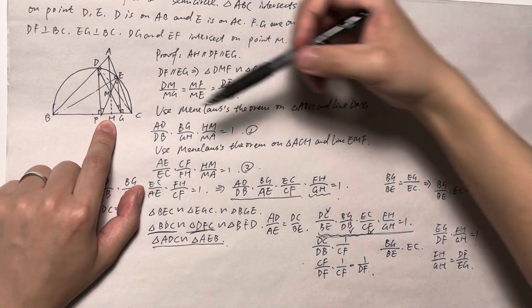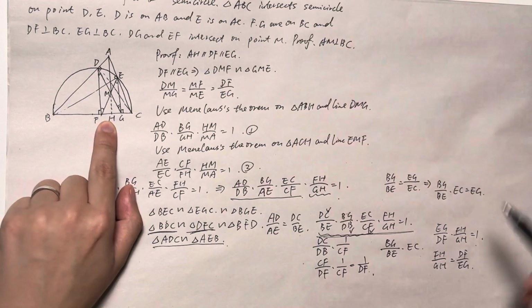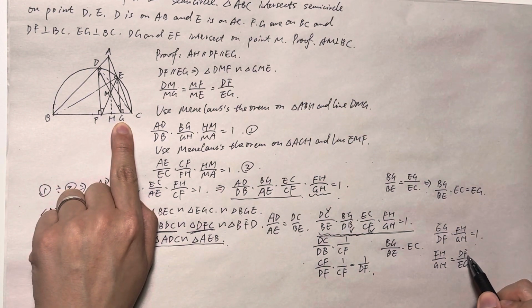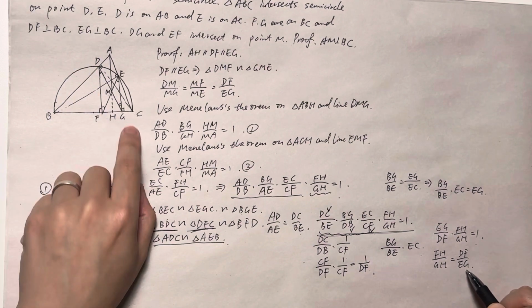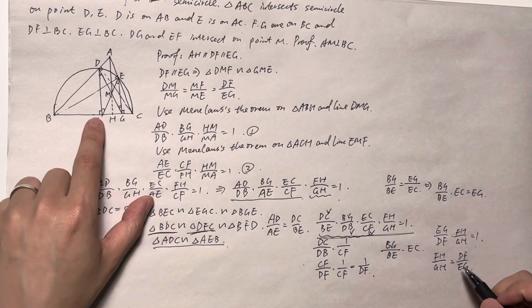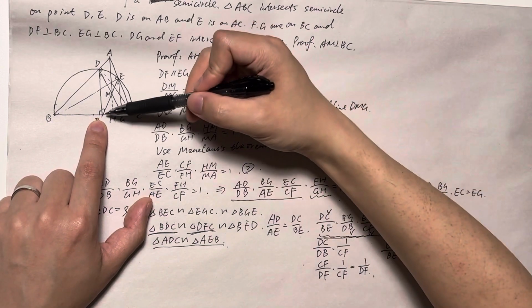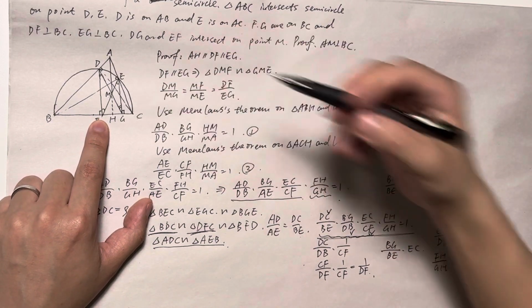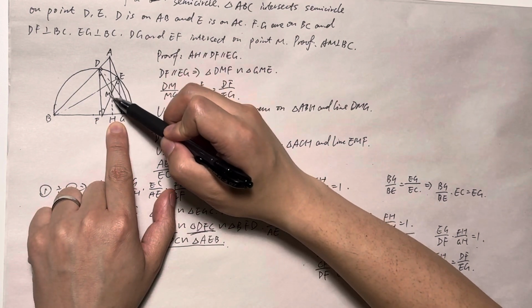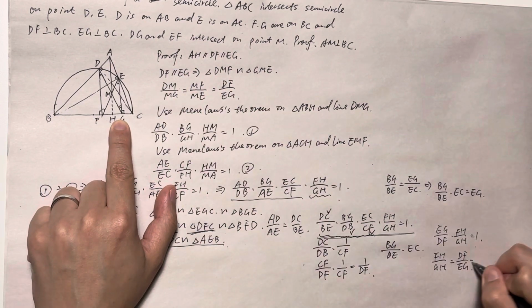Now we look at it. FH divided by HG equals DF divided by EG. We know that DF divided by EG equals DM divided by MG, right?